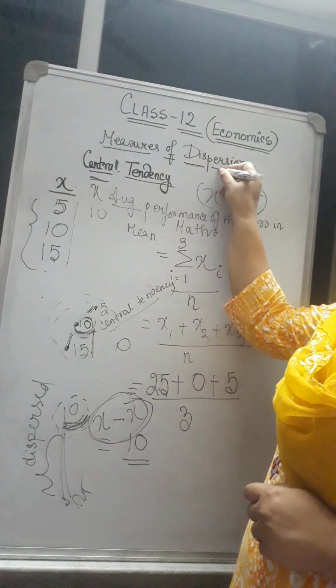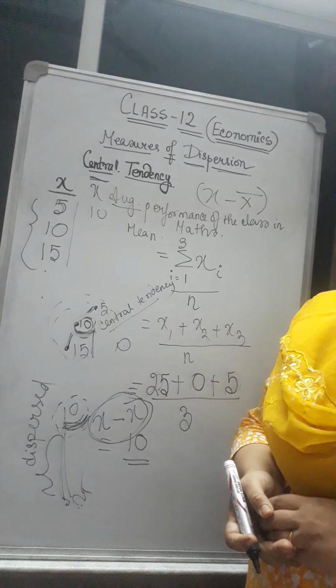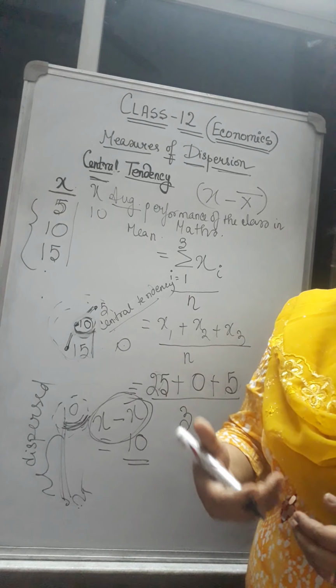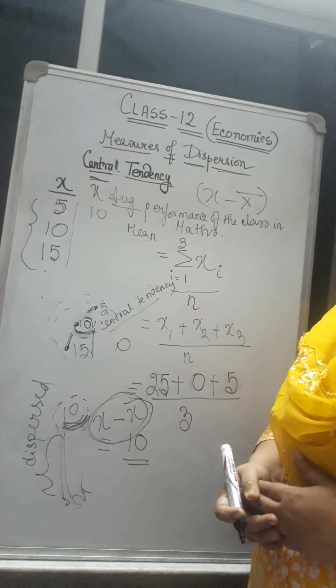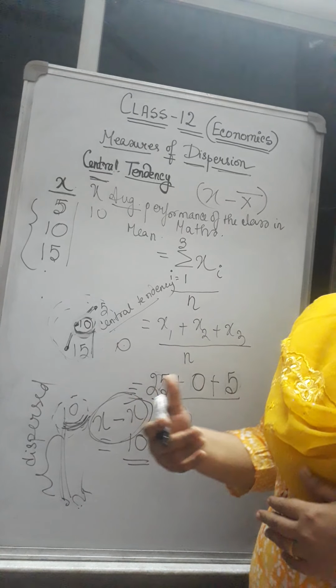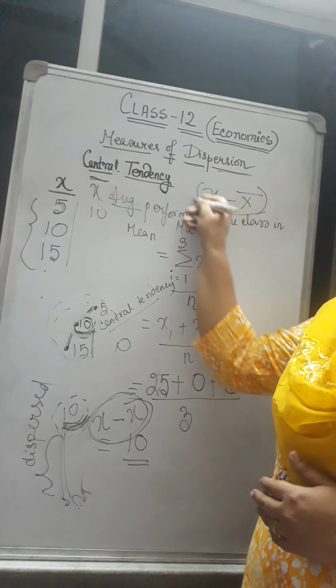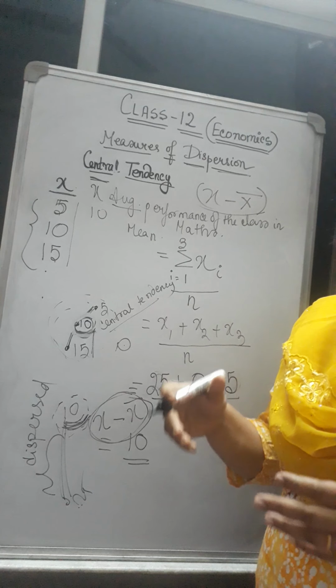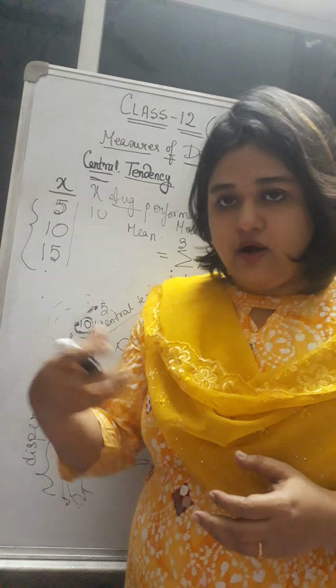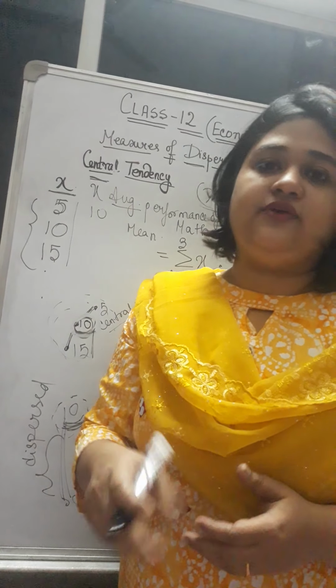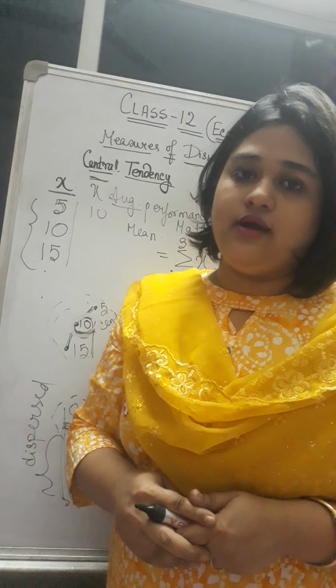We also call it dispersion. How much the original values are deviating from the mean. And in this chapter you will see that there will be techniques how to calculate this deviation, or how many ways are there to calculate how much your original values deviate from the mean or average value.